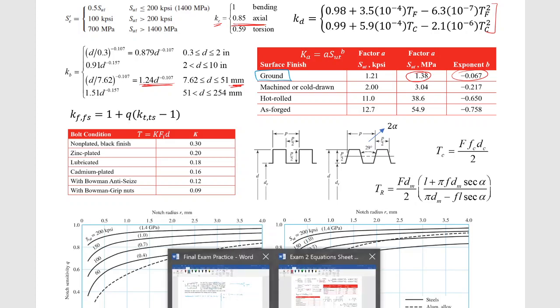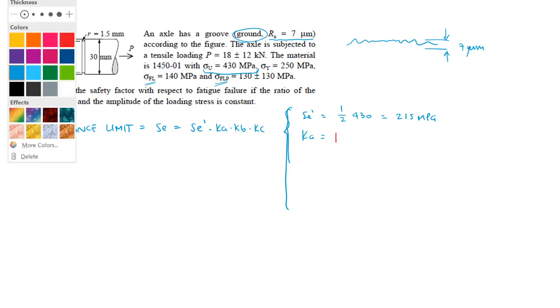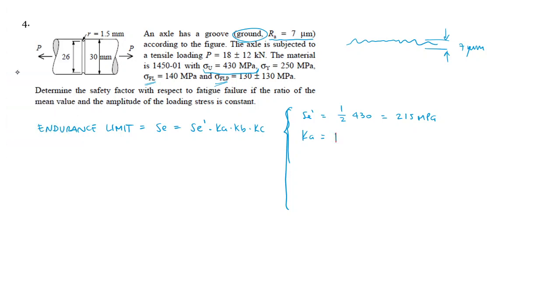So go back to this. What I just said is I'm going to use .38 SUT to the B for KA. That's for ground. KB, the size, I'm going to use 1.24 with millimeters being 26.